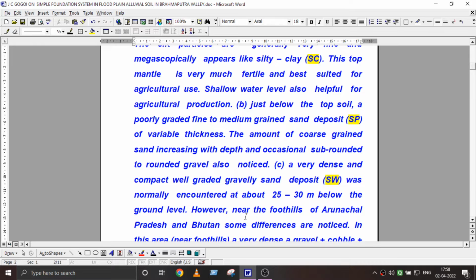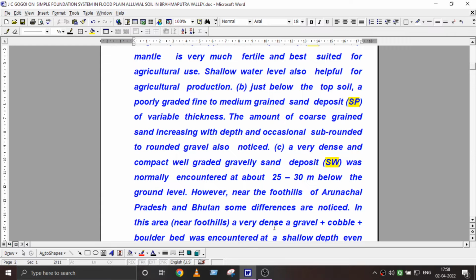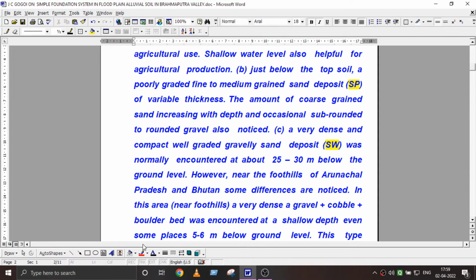As for example, near the foothills of Arunachal Pradesh and Bhutan, some differences are noticed. In this area near the foothills, a very dense gravel cobble boulder bed is encountered at a shallow depth, in some places even 5 to 6 meter below ground level.